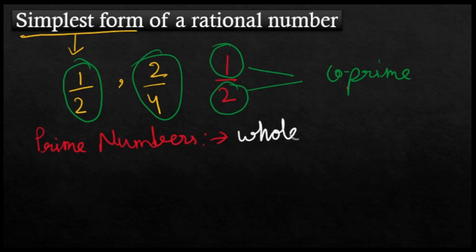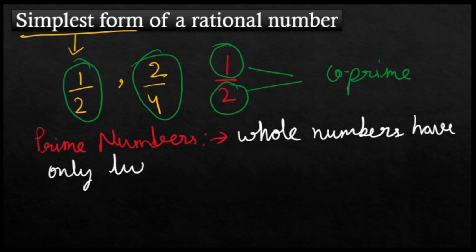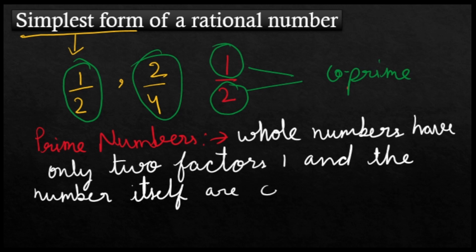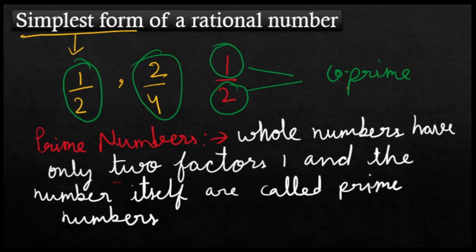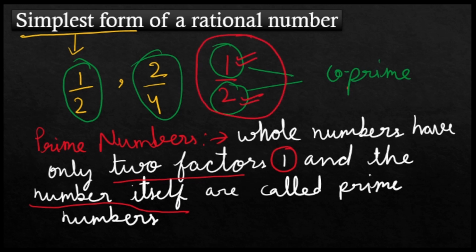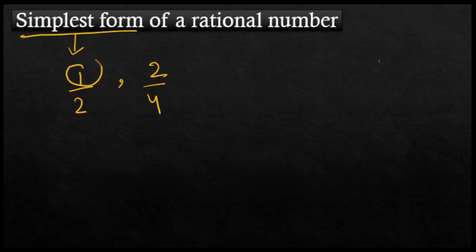Whole numbers that have only two factors, 1 and the number itself, are called prime numbers. That is the condition getting fulfilled here. So these numbers are co-prime. This one is prime and 2 is also prime, so co-prime. When the numbers are co-prime and cannot be divided further, it is the simplest form.